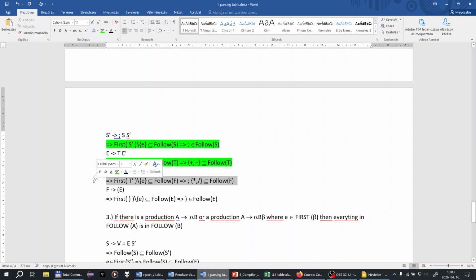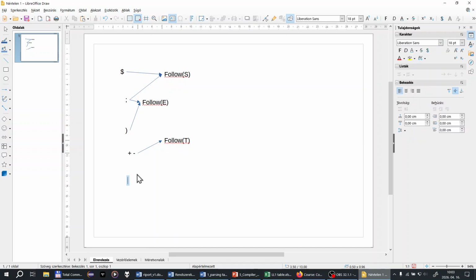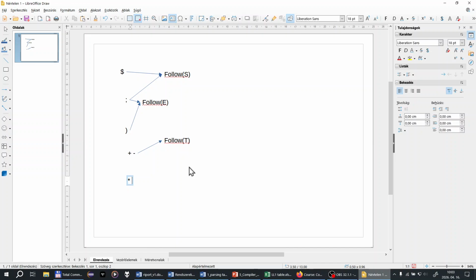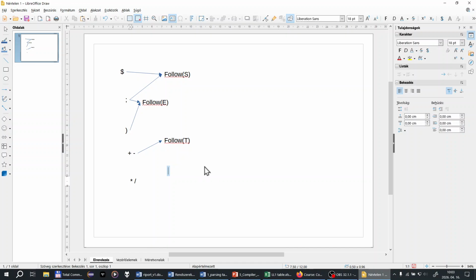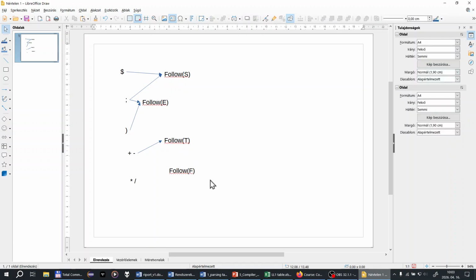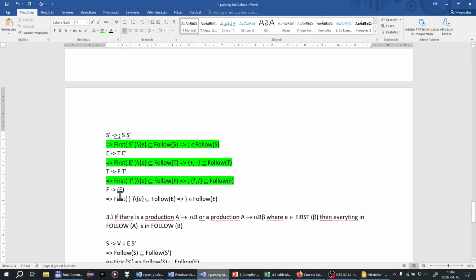Multiplication and division in follow F. Let's see. Multiplication, division in follow F. Okay.